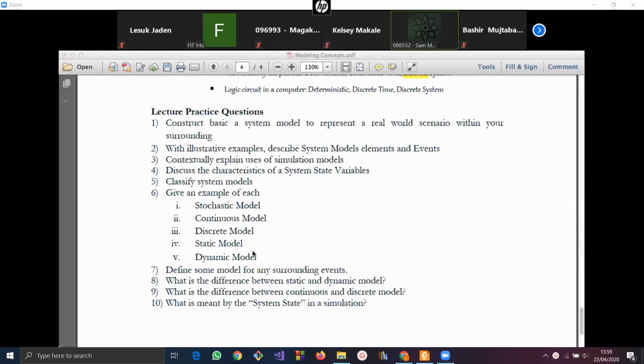We'll be able to discuss that. I'm happy with the examples that you identified on the stochastic and the continuous. One of the stochastic models, I have actually modeled it. Towards the end of the course, I'll show you how I have applied these things in a practical sense. That group has done well.